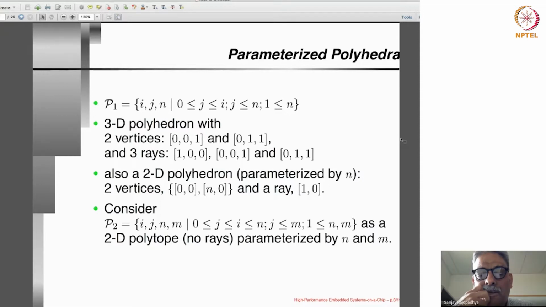Can you imagine this polyhedron? Ignore m and ignore the upper bound on j, which is given by m. Then it's just a triangle, right? 0 less than or equal to j less than or equal to i less than or equal to n. Are you all there with me? Can you visualize this?